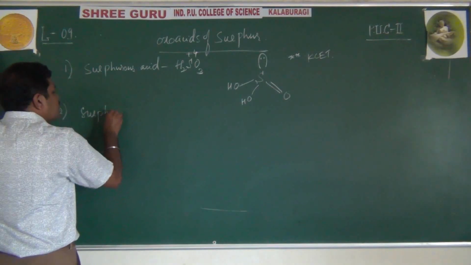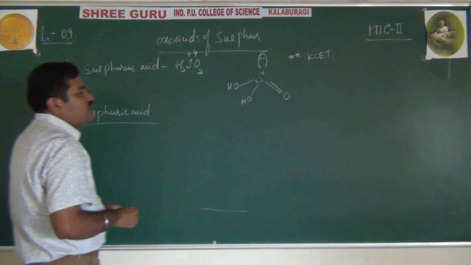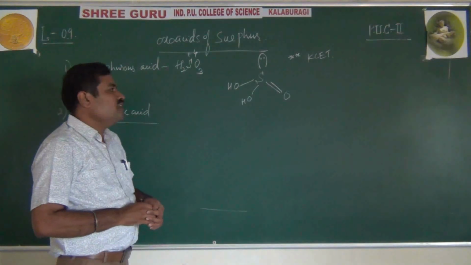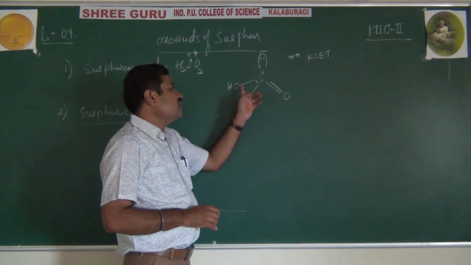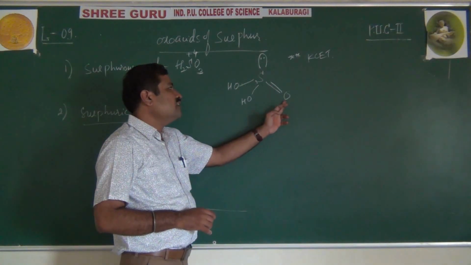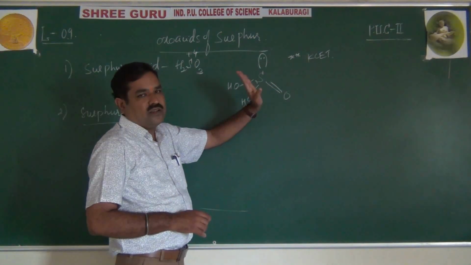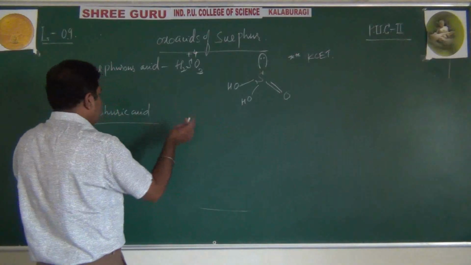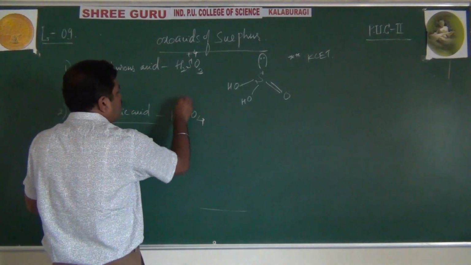Then secondly, sulfuric acid. You will be able to write it very easily if you know chemical bonding and the Lewis dot formula. Sulfur has 6 electrons. One will share here, another will share here, 2 will share with this oxygen. That's why 4 are over, then one lone pair remains. Now, if you know this, the next one is easy. Sulfuric acid, H2SO4, oxidation state plus 6.